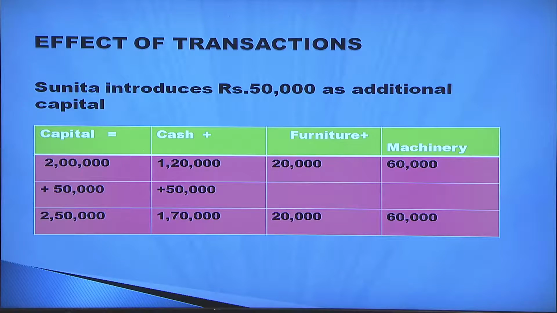That is plus 50,000 in the cash column you can write. As additional capital this cash is coming. So, in the capital column, rupees 50,000 is increasing. So, the new accounting equation will be 2 lakh plus 50,000 is 2 lakh 50,000 equals cash of 1 lakh 70,000, furniture of 20,000 and machinery of 60,000.